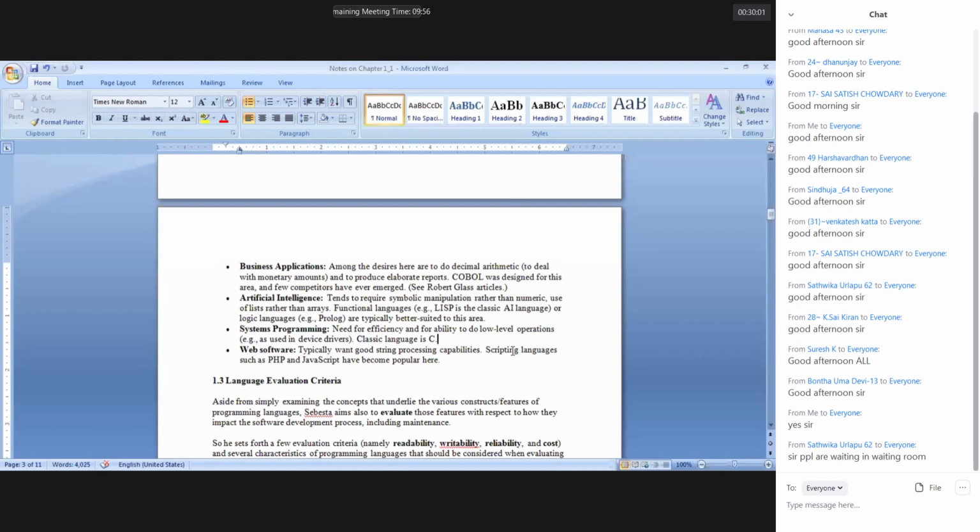So scripting languages are used, right? PHP, JavaScript, AngularJS, right? So HTTP. So based on domain, programming languages are more suitable.